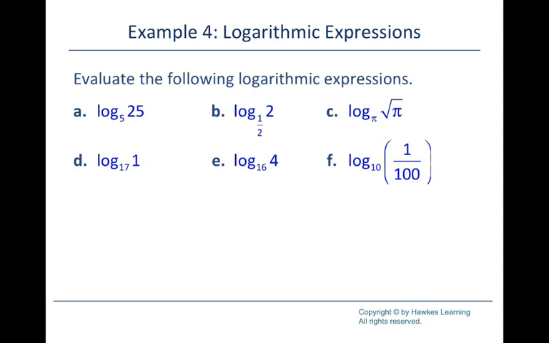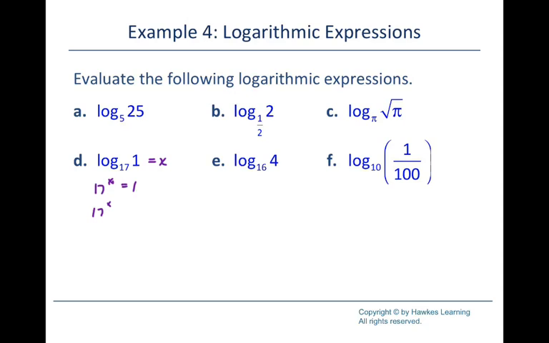We've got 17 to the log base 17 of 1. I'm going to go ahead and put equals x here. Okay, 17 to the x equals 1. Well, you think, how can I get 1? Well, the way you get 1 with an exponent is if you remember anything to the 0 power.